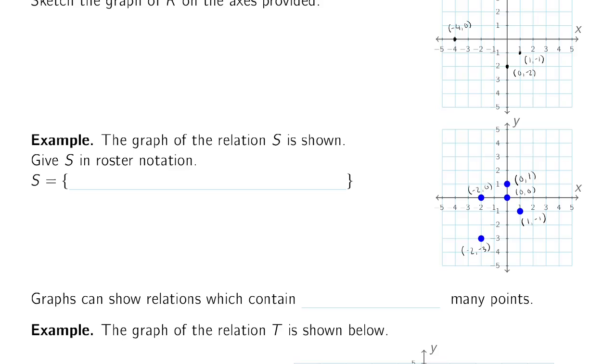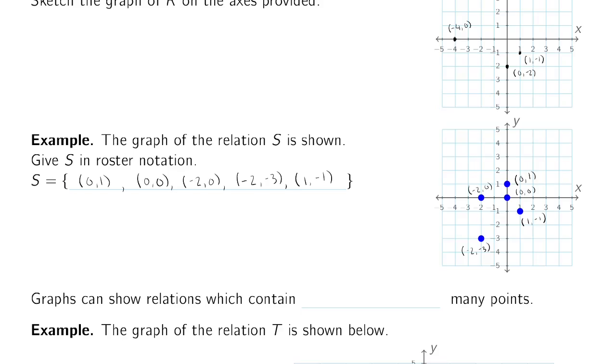So if this graph represents a relation S, then S consists of the pairs (0, 1), (0, 0), (-2, 0), (-2, -3), and (1, -1).